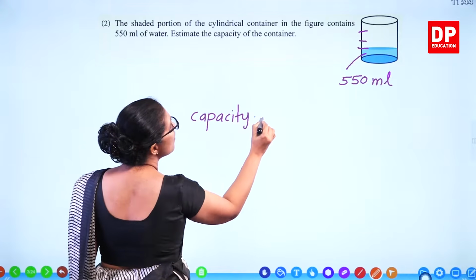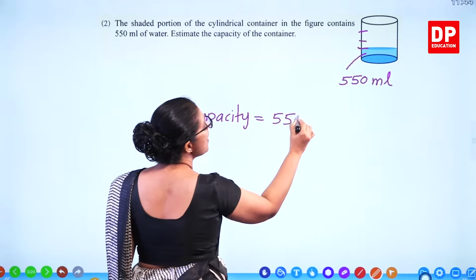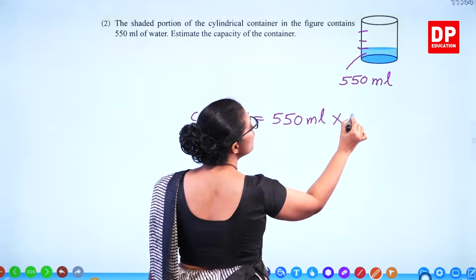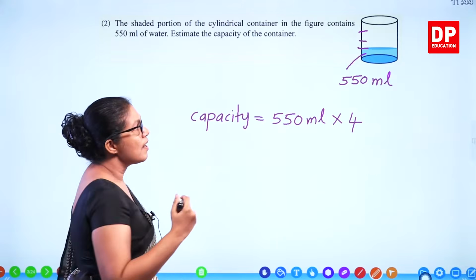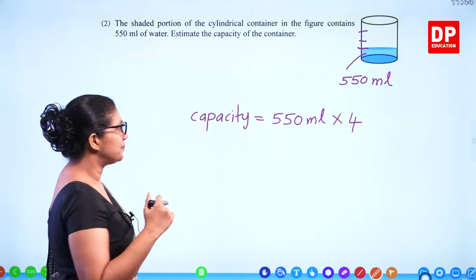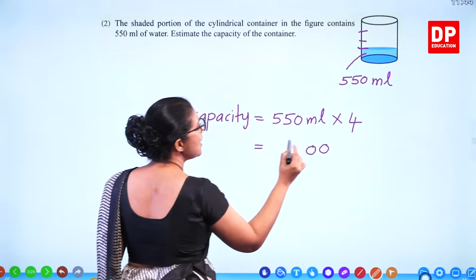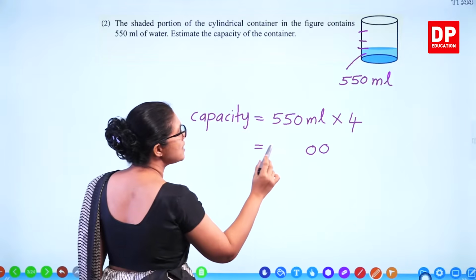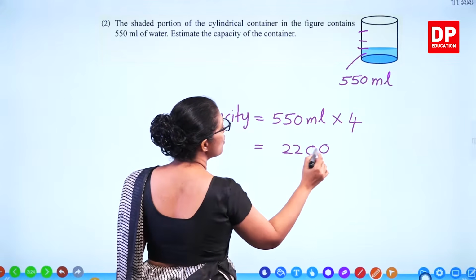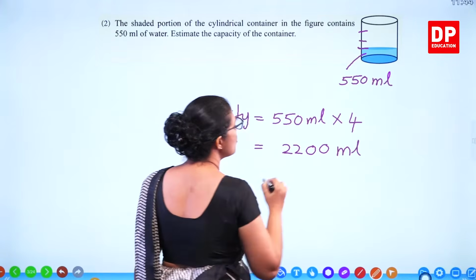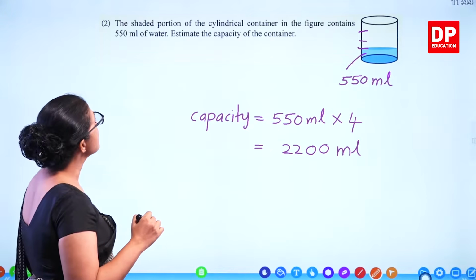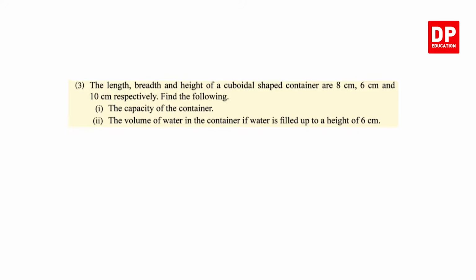Capacity is equal to 550 milliliters times 4, because we see 4 equal parts like that. 4 times 0, 4 times 5, 20, 2 remaining. 4 times 5, 20 plus 2, 22. So 2,200 milliliters.